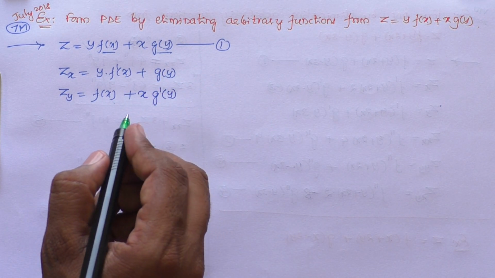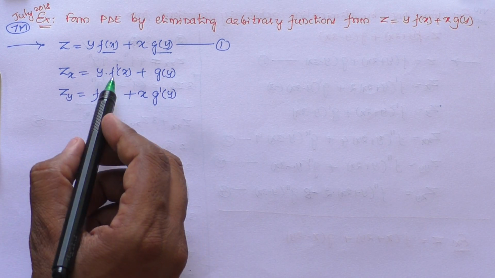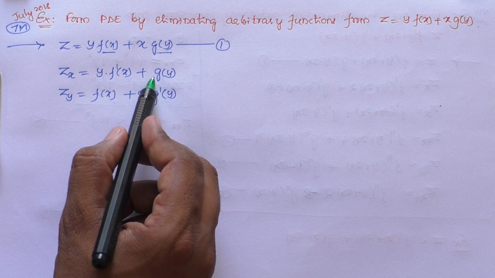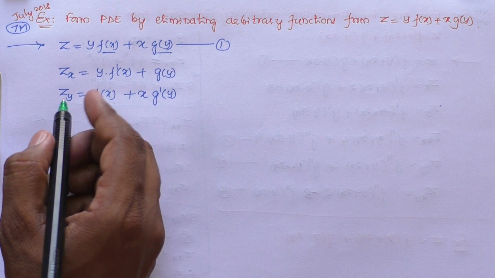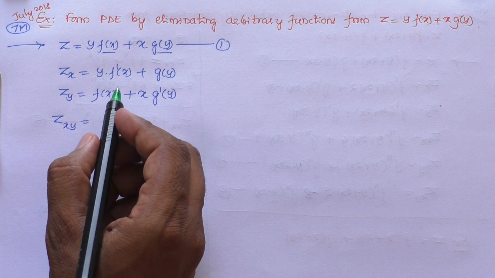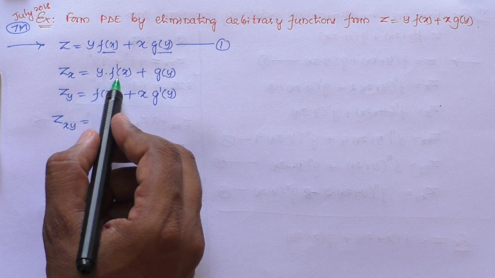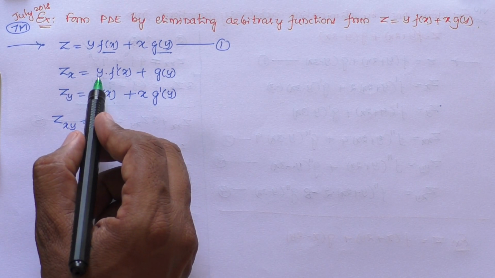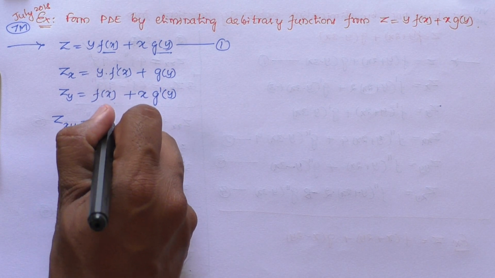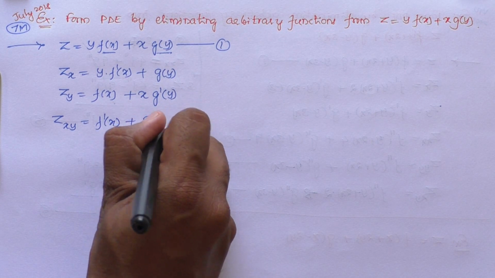So this is zy. Now in the same way you could go for higher order, but if you look at this, it only has f dash and g dash along with f and g. So from this we can go for zxy. Differentiate zx with respect to y: derivative of y is 1, times f dash x, plus g of y differentiates to g dash y.